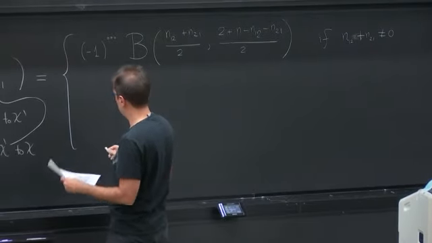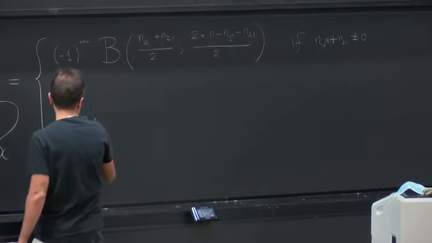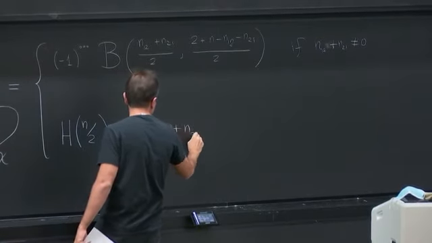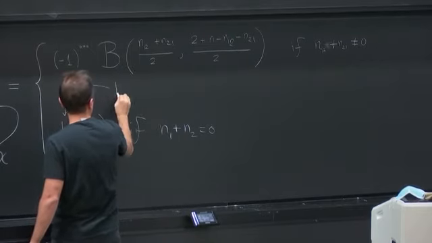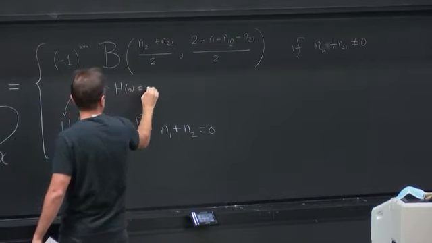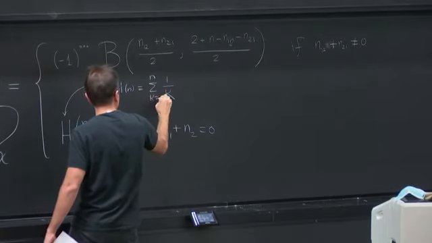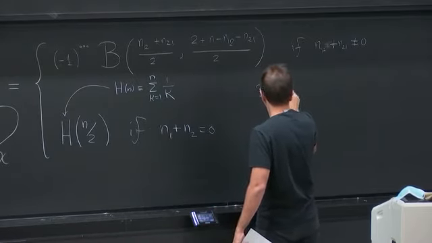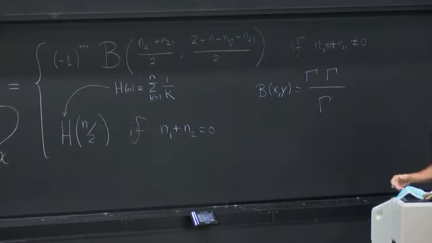And it's equal to the harmonic number of n/2 if n_12 and n_21 are both 0, where this harmonic number is just the sum of 1/k up to n/2. And this beta function is just a bunch of gamma functions, that you probably saw in string theory.